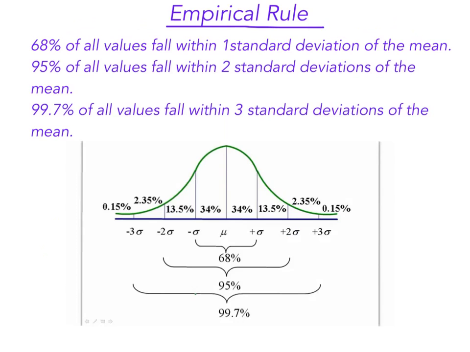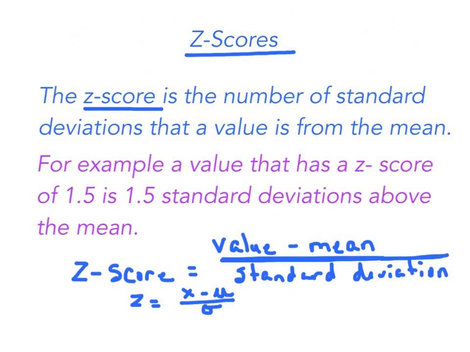The graph below shows the percentages even broken down further. Now let's discuss z-scores. The z-score is the number of standard deviations that a value is from the mean. For example, a value that has a z-score of 1.5 is 1.5 standard deviations above the mean.